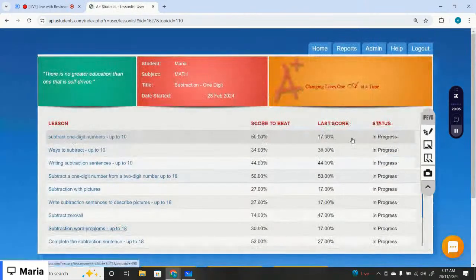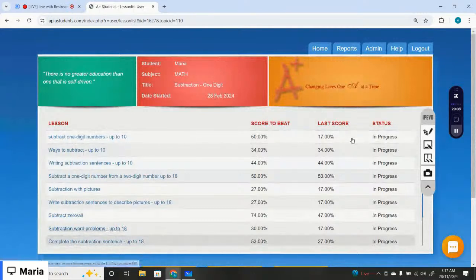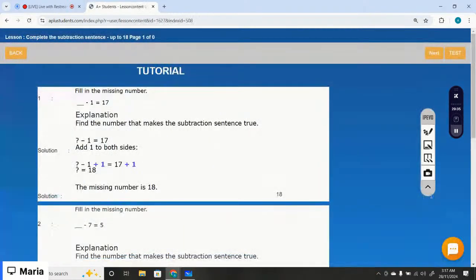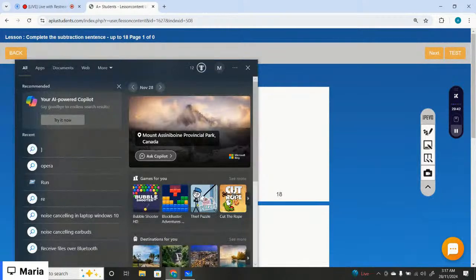The next lesson is complete the subtraction sentences up to 18. Fill in the missing number. So the missing number minus 1 equals 17.